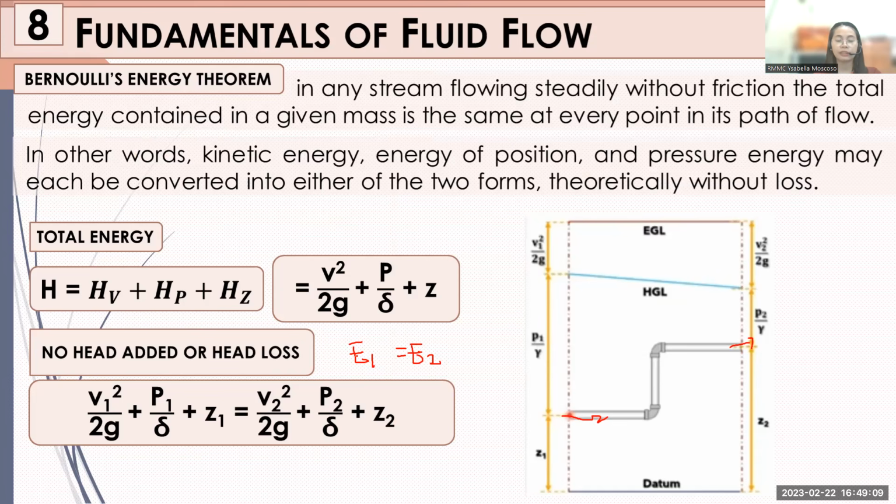Okay? When we say no head loss, it means the fluid flow we are trying to solve is theoretical. When we say theoretical, those are fluids that are ideal. If the fluids we are solving are ideal, there is no friction. When there is no friction, there is no head loss, because head loss only happens when there is energy dissipation.